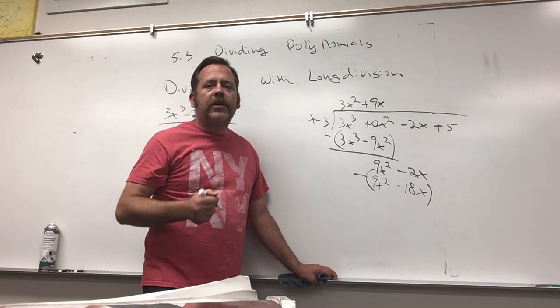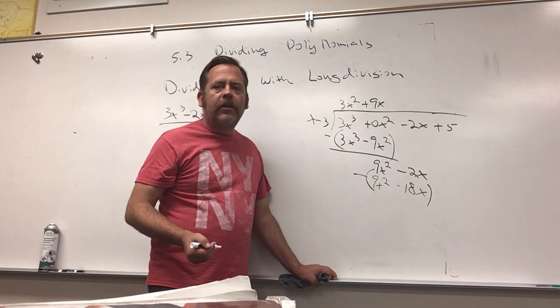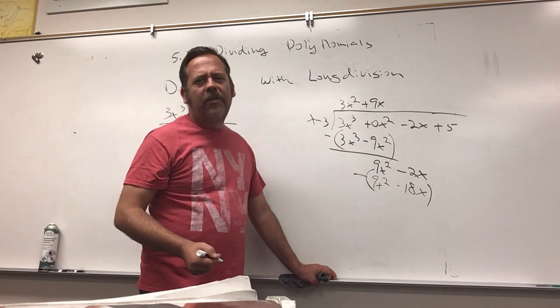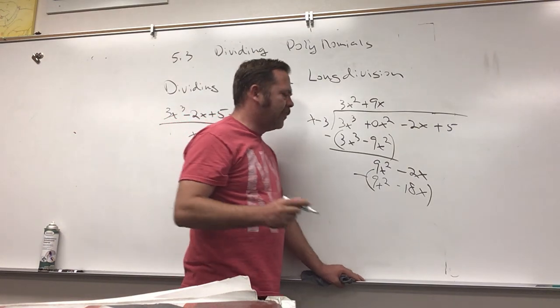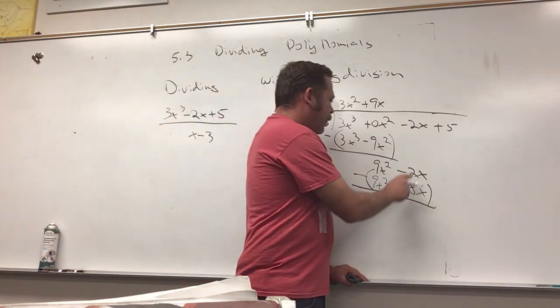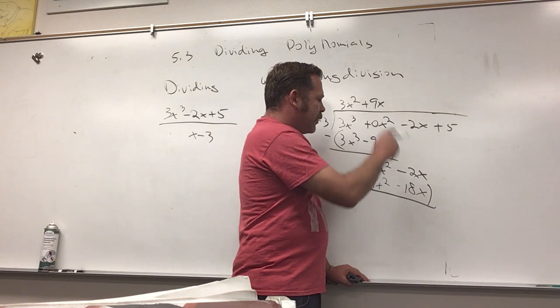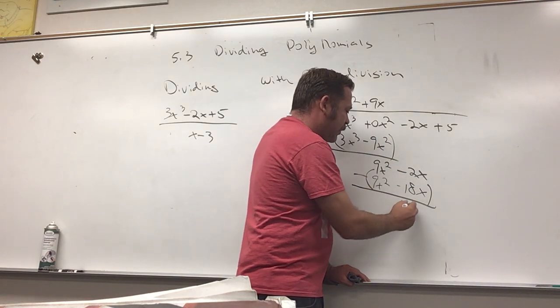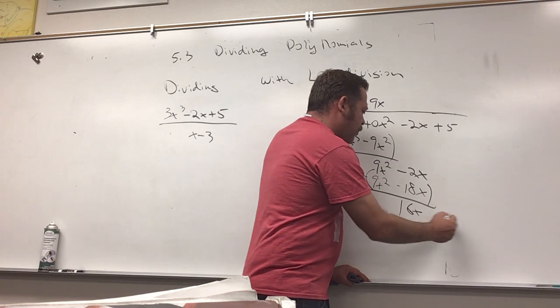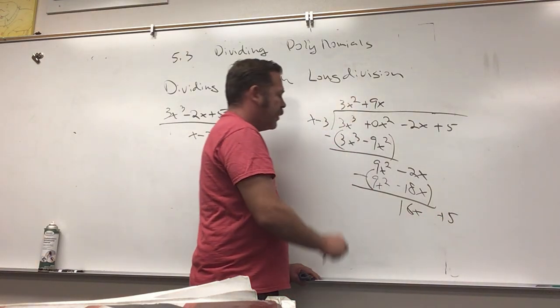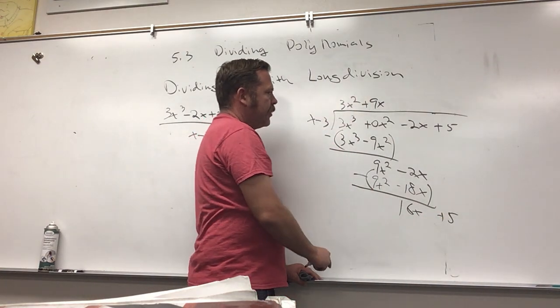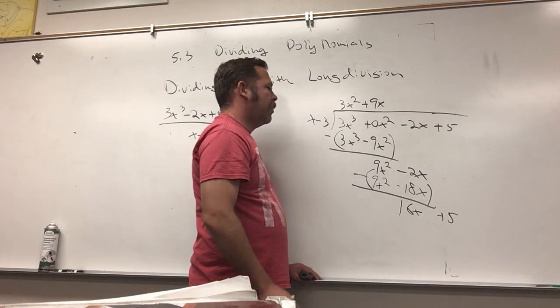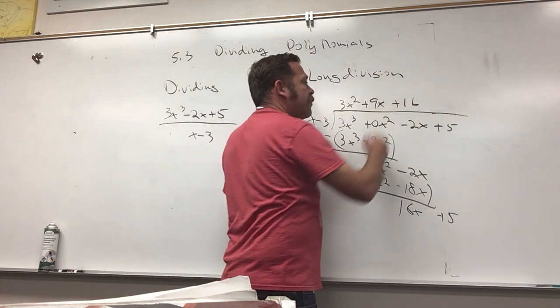See how it's just the same process as what we did when we were first long dividing in preschool, when we were like 4? Or little babies just long dividing. It's like the same thing. So negative 2x minus negative 18x is like negative 2x plus 18x, so that would be 16x plus 5. And then how many times does x go into 16x? Just 16 times.